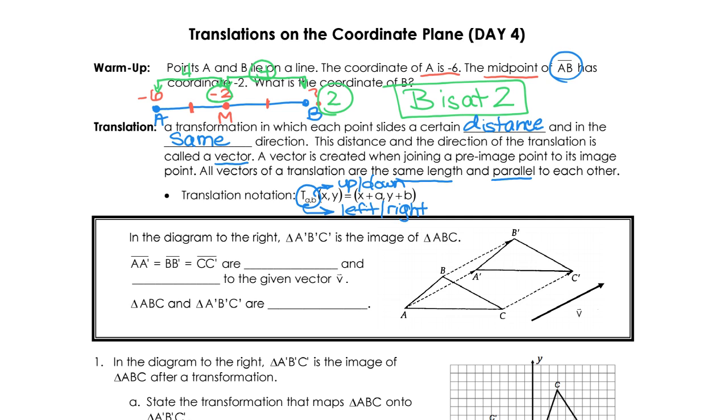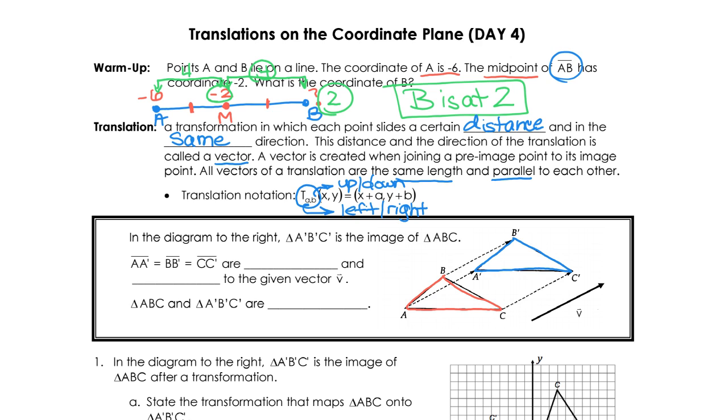Okay. All right, so in this little text box here, it says in the diagram to the right, we have triangle A prime, B prime, C prime, and it's the image of triangle ABC. So this is our original triangle. And then there's some translation that slides it to the right and up, okay?